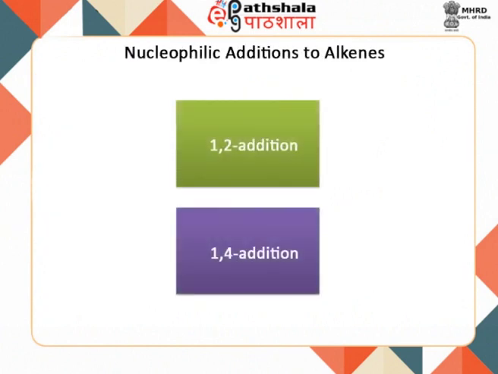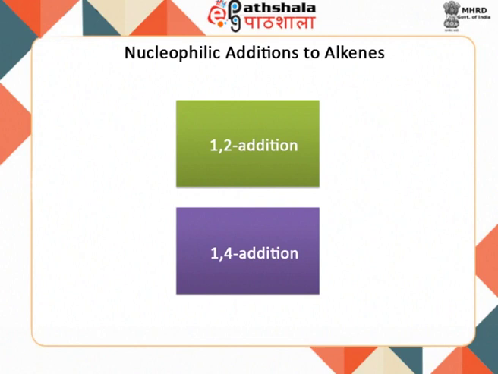In case the electron-withdrawing group attached to the alkene is conjugated and also prone to nucleophilic attack, there are more than one attacking sites for the nucleophilic reagent, one on the electron-withdrawing group and the other on the carbon-carbon double bond. In such cases, notice that it is the beta carbon which is more electron deficient than the alpha carbon.